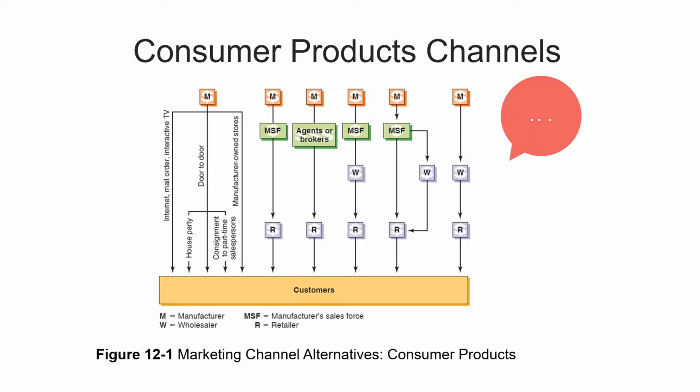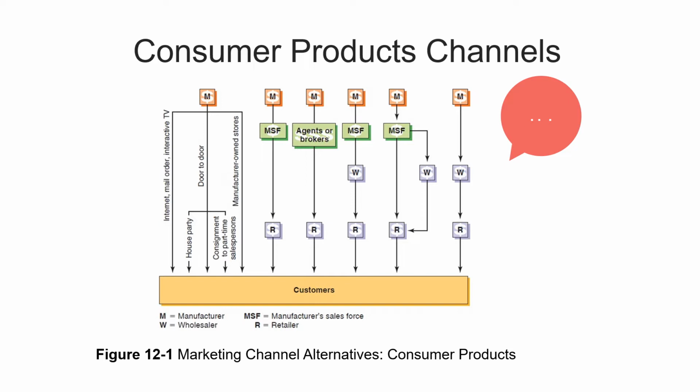This figure summarizes 6 channel structure alternatives for consumer products. The characteristics of both buyers and products have important influence on channel design.